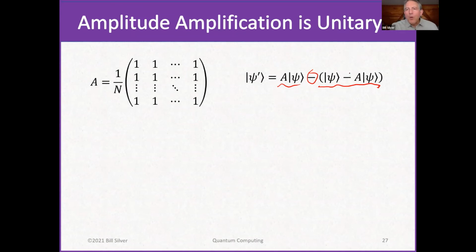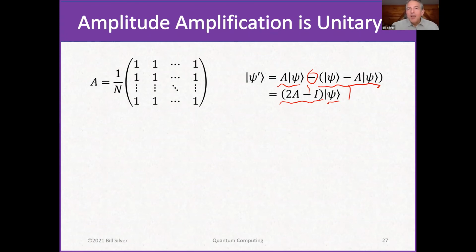So however much it was above the average, that's how much below the average it's going to be. That's what we're actually doing. And I can rewrite that like this, a simple rewriting of what I just wrote. So I'm now multiplying my vector by twice the averaging matrix minus the identity matrix.